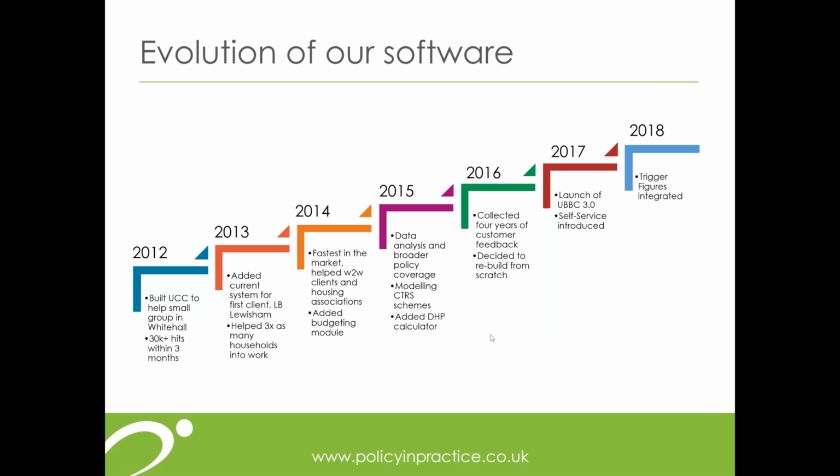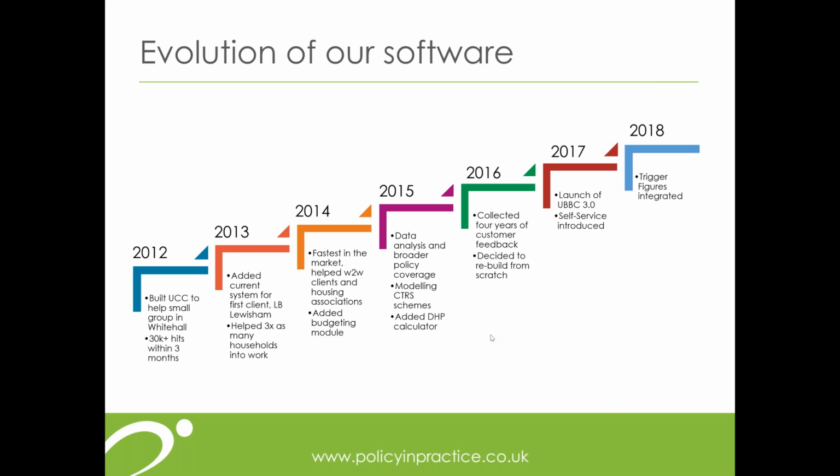I'm not sure if all of you are aware, but the calculator was initially built by our director, Devin Galeni, who, when he worked at the Centre for Social Justice with Iain Duncan Smith, was the original architect of the Universal Credit system.